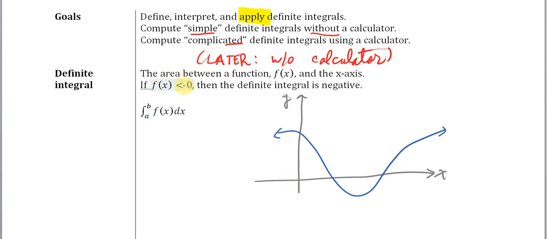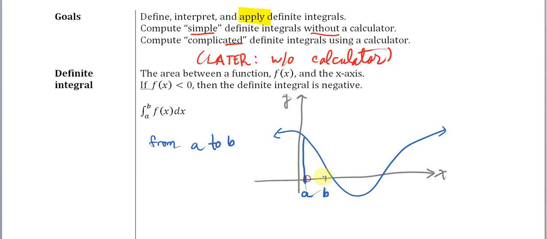And we're going to say this expression right here, this weird symbol here, is called the definite integral from a to b, where a and b are some numbers. So let's say a is here, and then let's say b is right here.